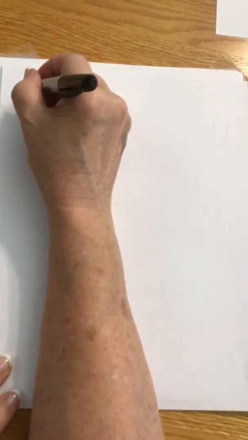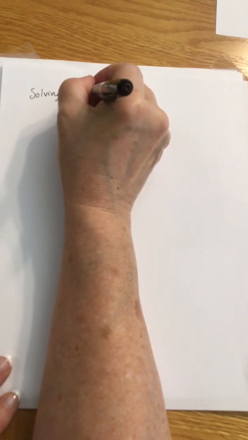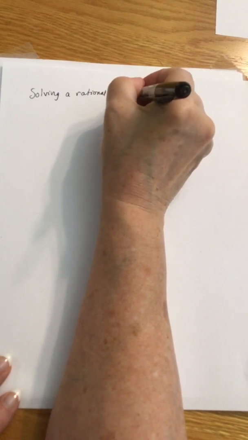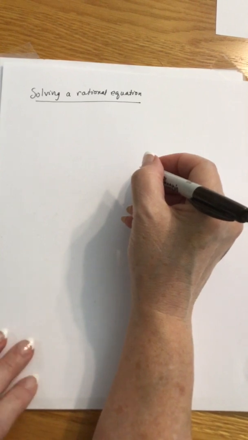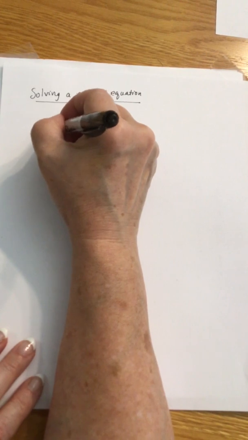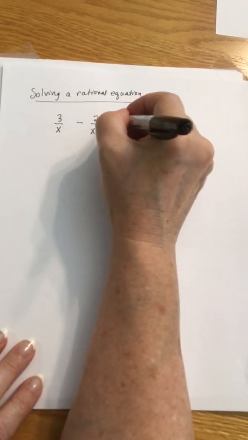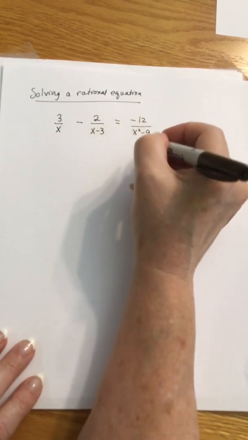Okay, the next one we're going to look at is solving a rational equation. So we're going to have an equation involving rational expressions: 3 over x plus 2 over x minus 3 equals negative 12 over x squared minus 9.